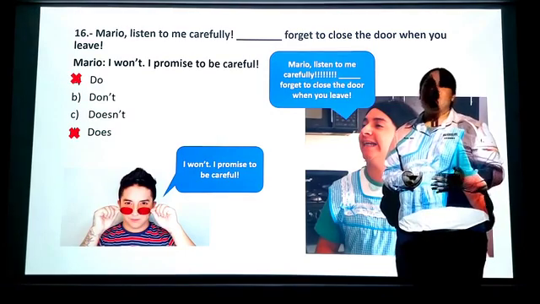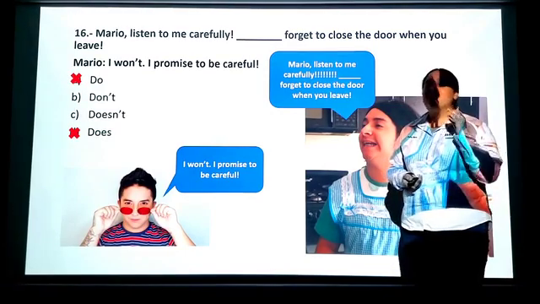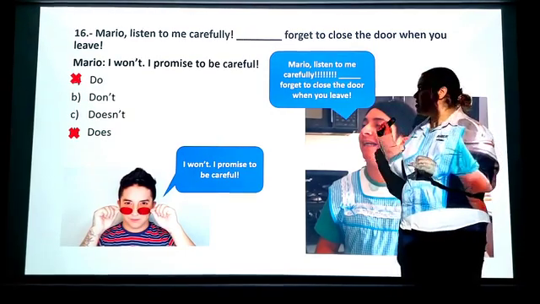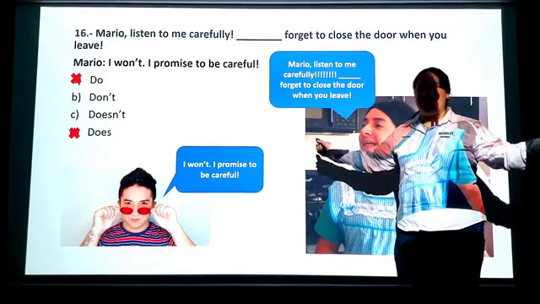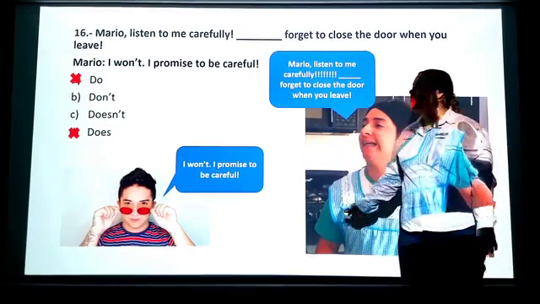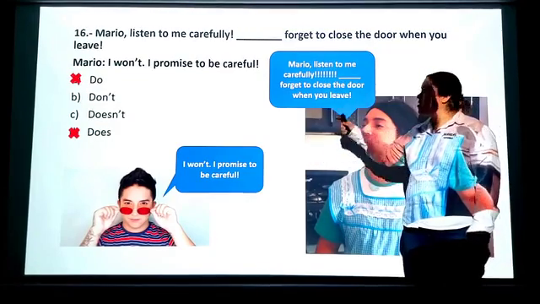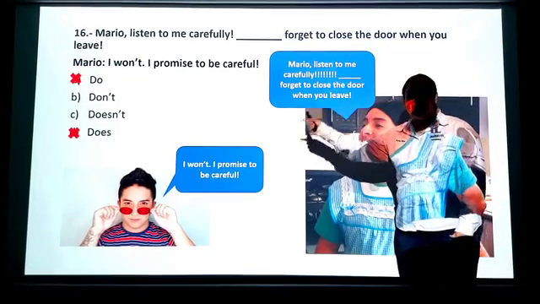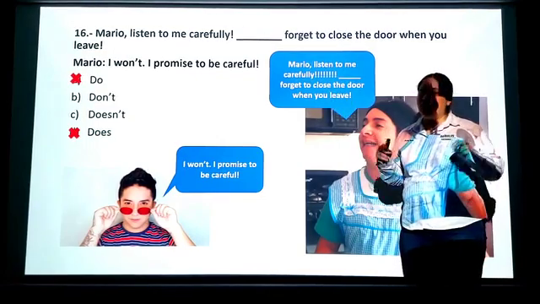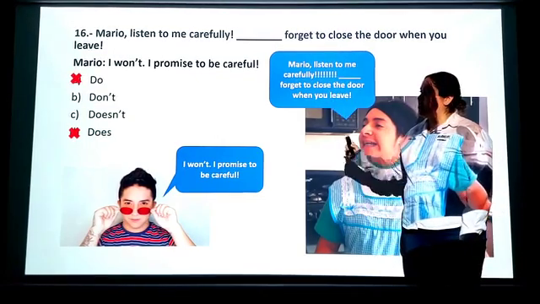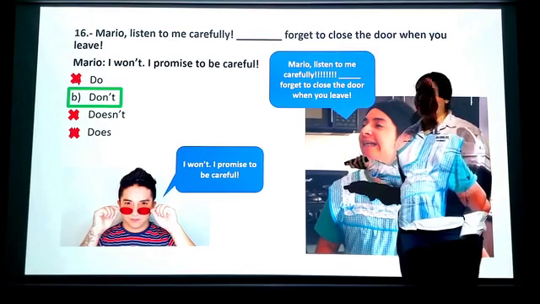Since they are written in affirmative form. Do you seriously think that she wants him to leave the door open? Of course not. In this case, don't or doesn't? Well, she's speaking directly to him using the pronoun you. So in this case, we eliminate doesn't and choose don't.